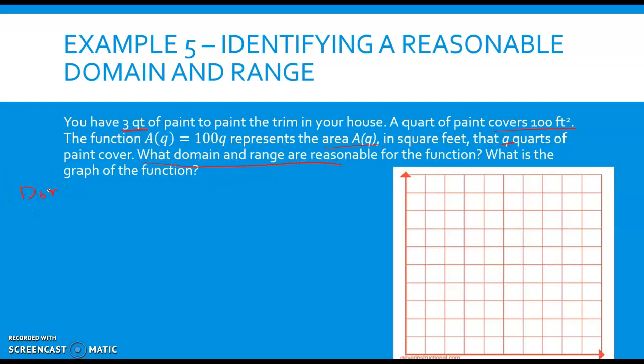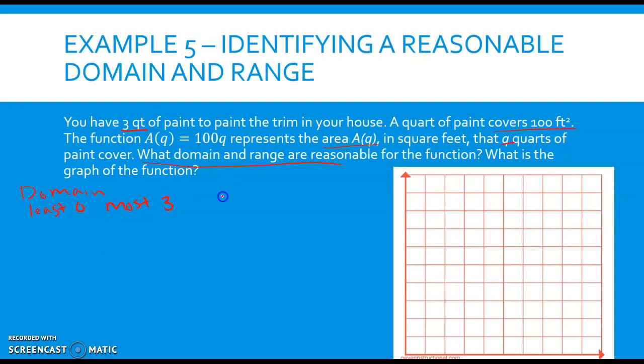So let's talk about domain. Domain is our x values. So if we're painting, the least quarts that we could have is 0 quarts. That's the least amount. Now, the most amount of paint would be 3 quarts because that's how much we have.